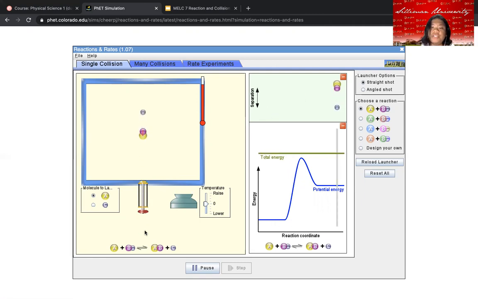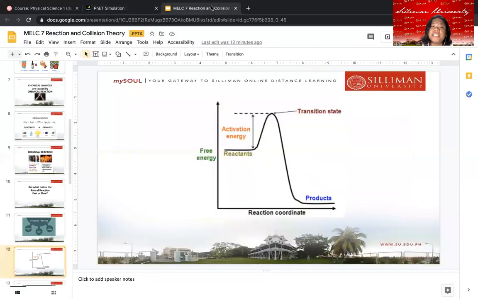So there is a collision, and as you can see, the whitish or grayish vertical line passes through the transition state, meaning to say your energy was sufficient enough to produce a chemical reaction and thus a new substance.